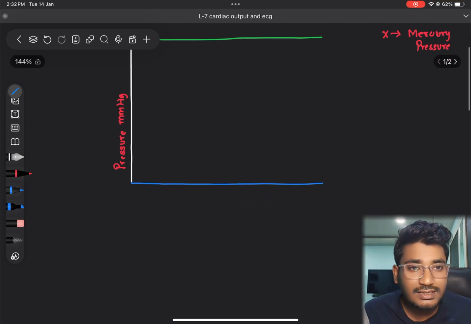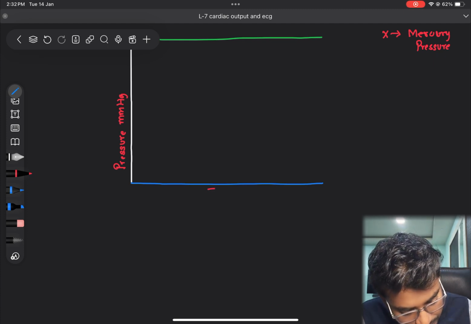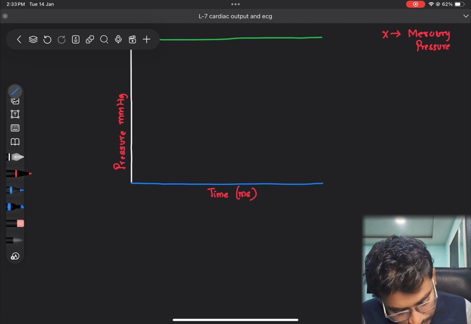Sorry, the y-axis denotes the pressure and the x-axis denotes the time.